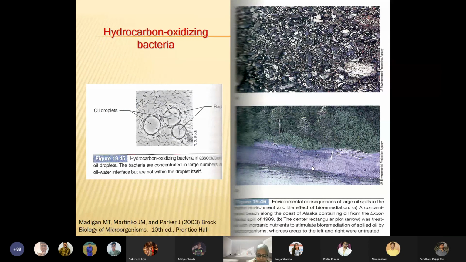Remember the law of the minimum. I've already explained that as long as all the other inorganic nutrients that are required for growth are in plenty, the bacteria were able to degrade the oil. So that's a very good success story about remediating an oil spill.